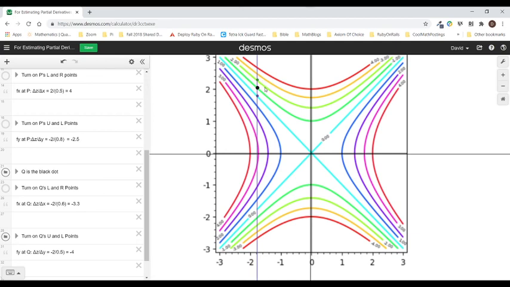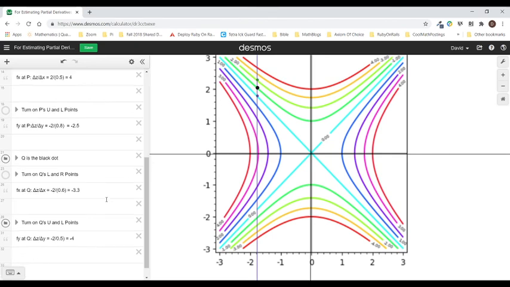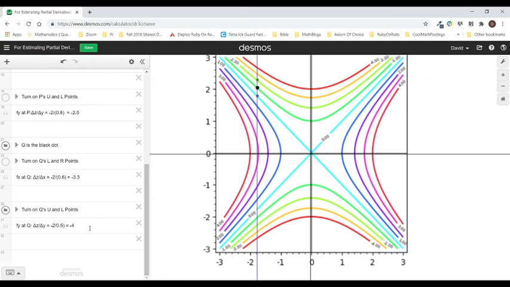I also want the change in the y value. If I walk over here, you can see that the change in the y value is about 1/2. And so as I walk from south to north along this and estimate the slope of the tangent line, it's delta z over delta y, and you're going to get -4. So those are our estimates for finding the slopes of tangent lines for 2 different points on the saddle.